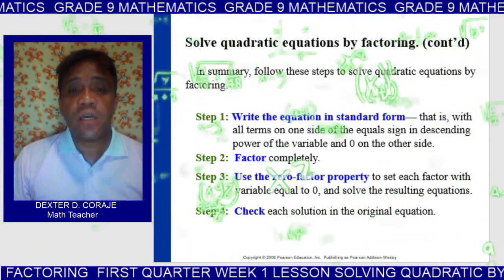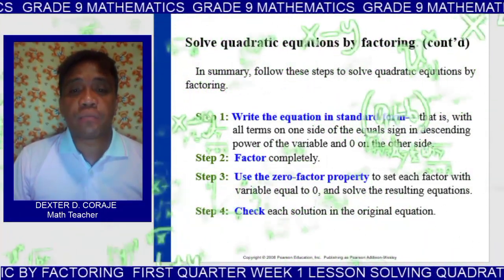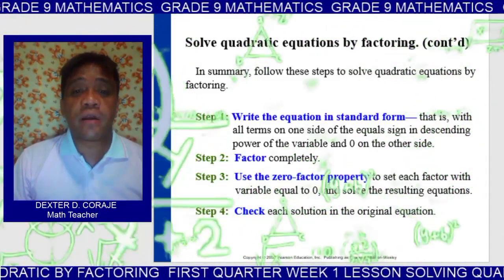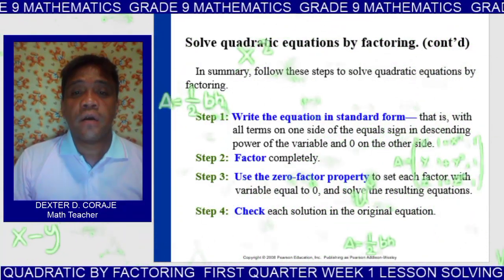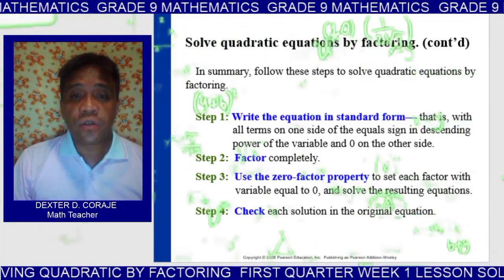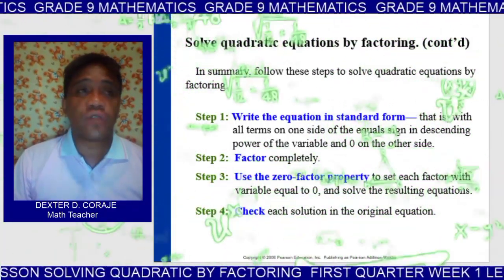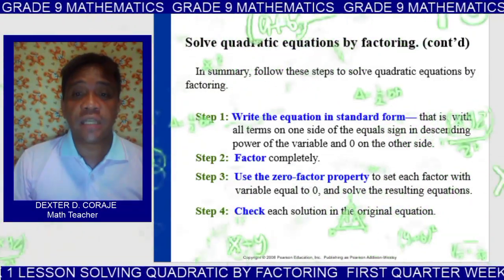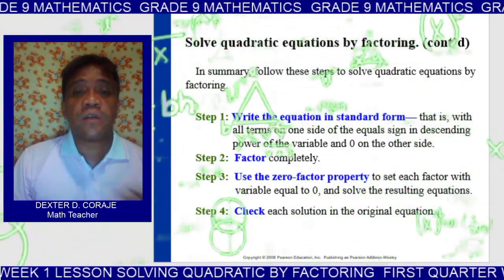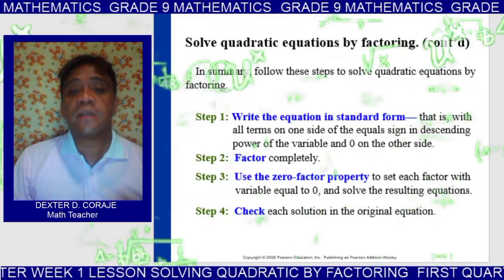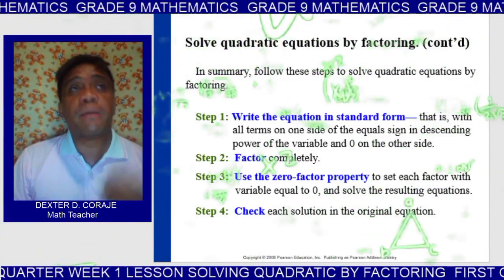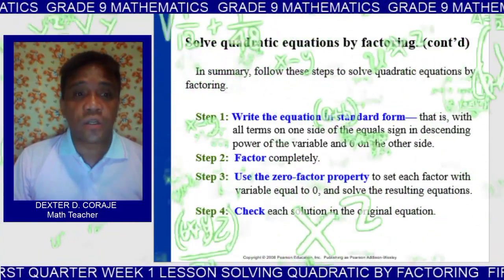Step 3, use the zero factor property to set each factor with a variable equal to 0 and solve the resulting equations. Then step 4 is we're going to check in the original equation if each solution is correct.